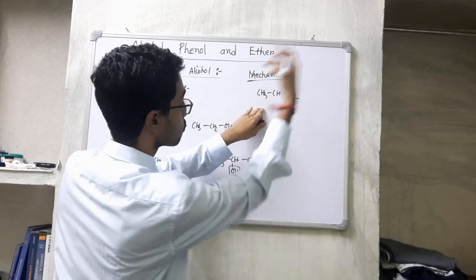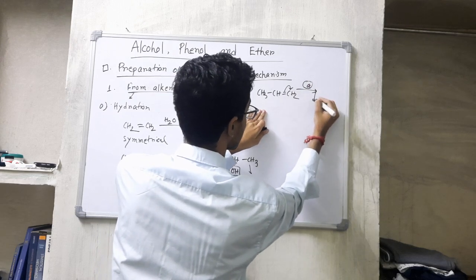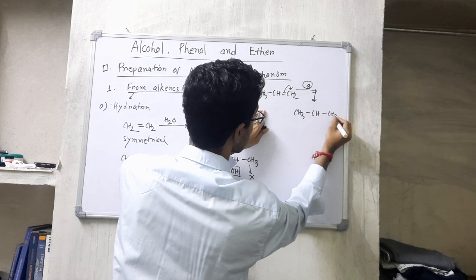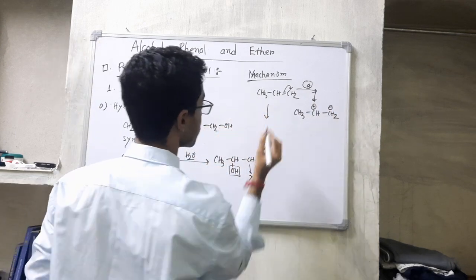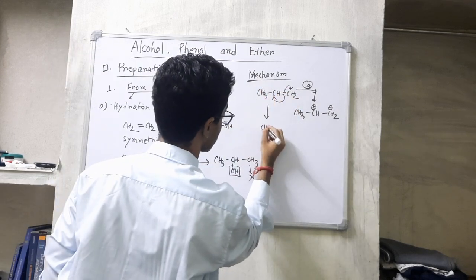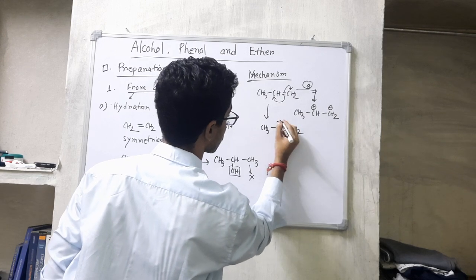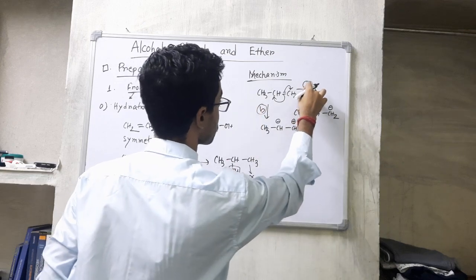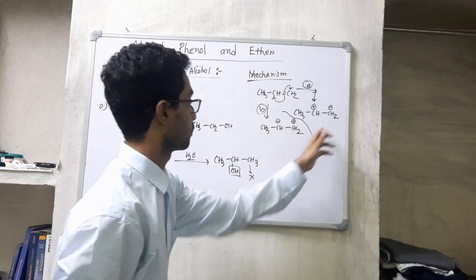If the bond switches towards this carbon, CH2 is formed. There is another possibility, which is the double bond shifting towards this carbon.